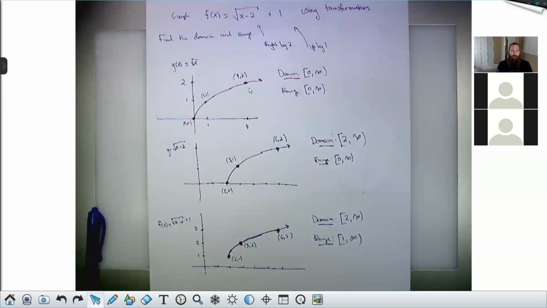That's what you'll always see me doing, and that's what I expect you to do as you solve your homework problems and on tests. Questions about each of these transformations or how we end up at this final graph?